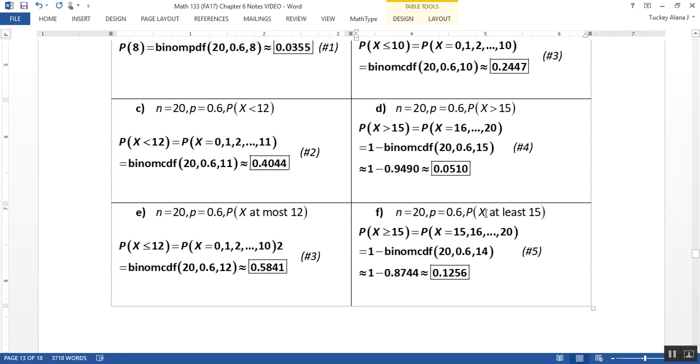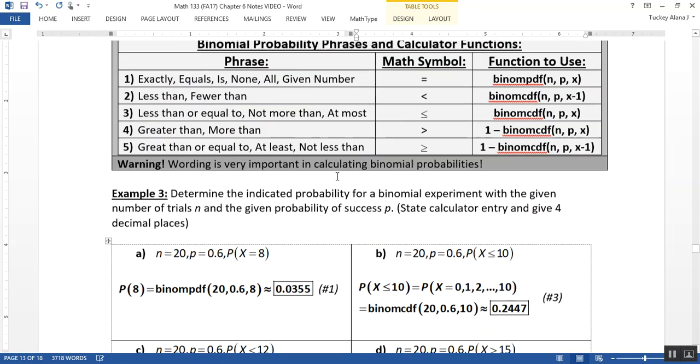Letter F is at least 15, which means I want greater than or equal to 15. So I have to stop the adding at 14, take it away from 1, and I'll know what 15 through 20 added up to. These are two that students often confuse with each other, letter D and letter F. So make sure that you pay close attention to those and look at the language.